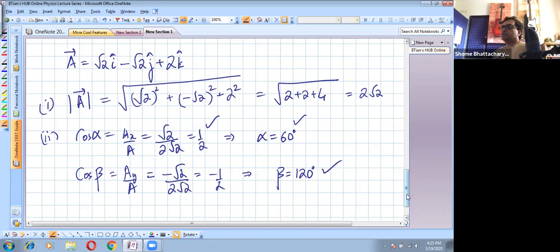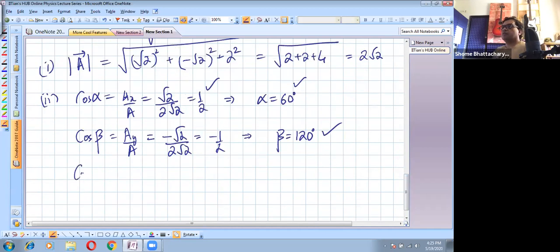And similarly, cos gamma is az by a, so that is 2 divided by 2 root 2, so gamma is becoming 45 degrees.